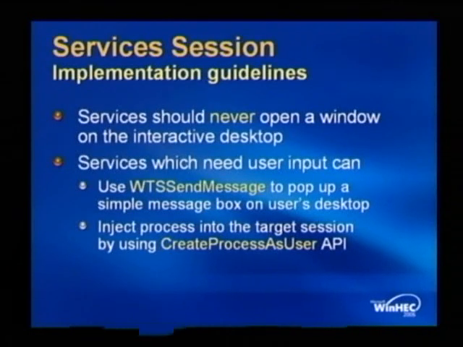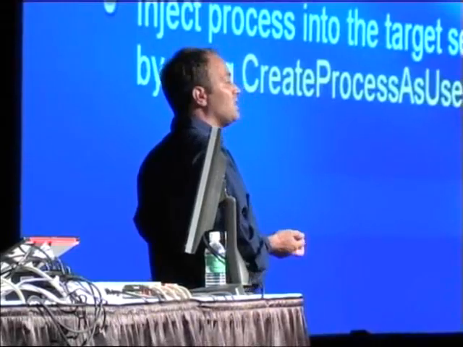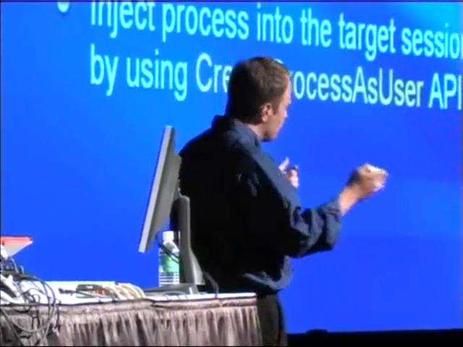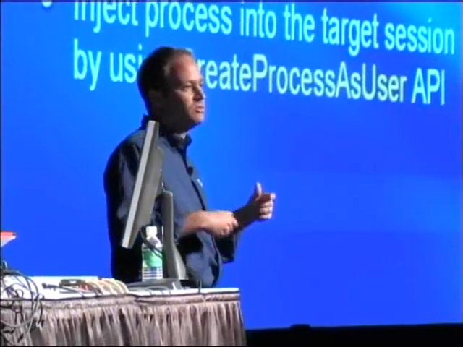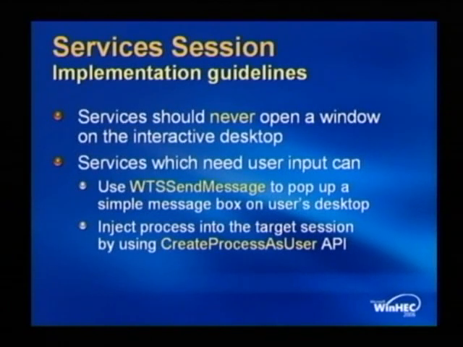So the way that we do it is, first of all, we should never, and that's something we've been preaching for a long time, services should never show UI, right? That's how attackers attack services, by attacking Windows messaging. So do not show UI if you're running as a system service. What you should use in the new services session architecture, if you just want to show a message to the user, to tell him something failed, is WTSSendMessage, and that will show the UI on the interactive user desktop.